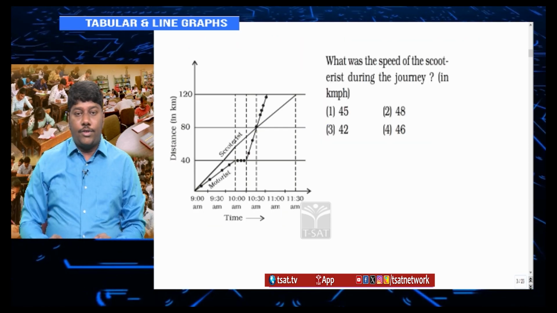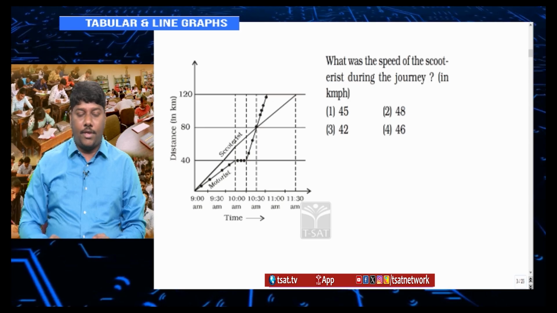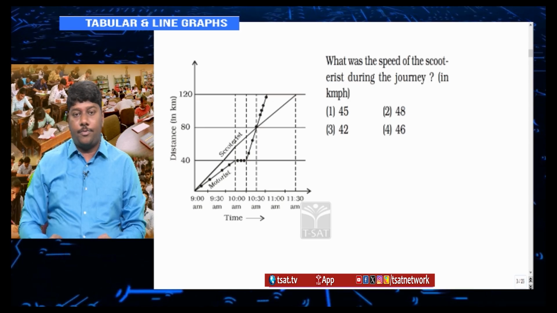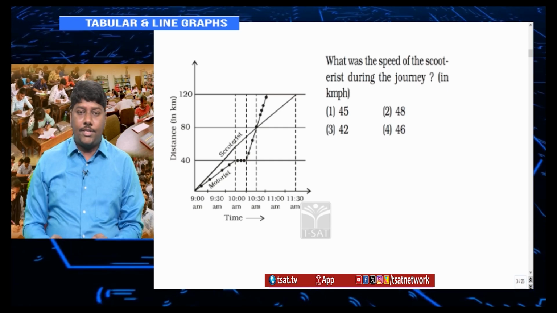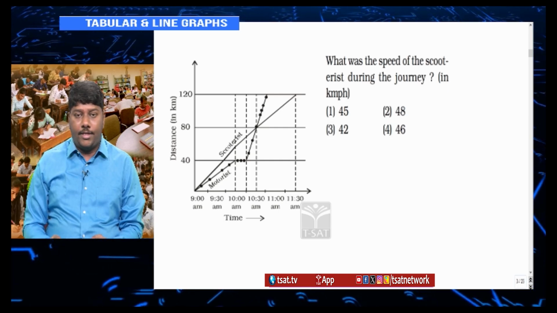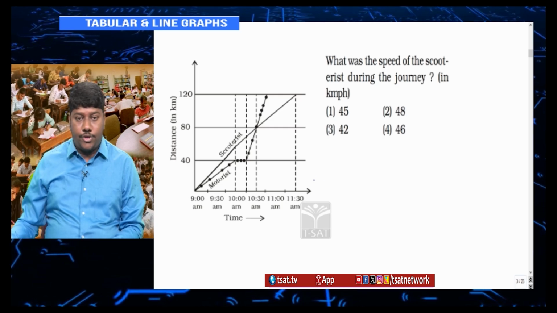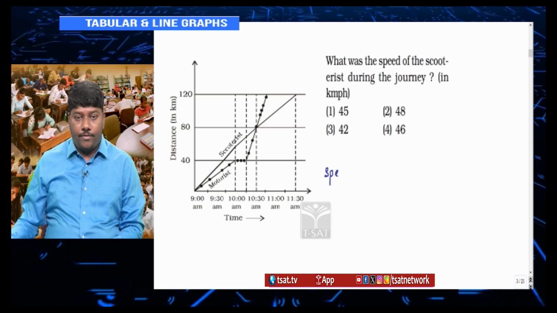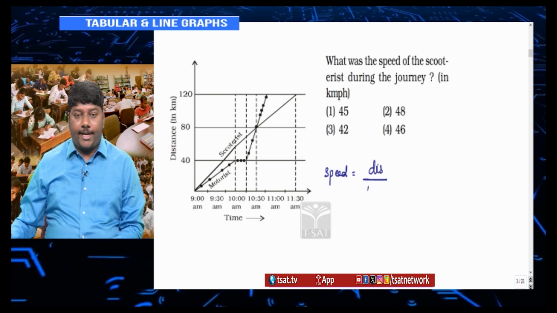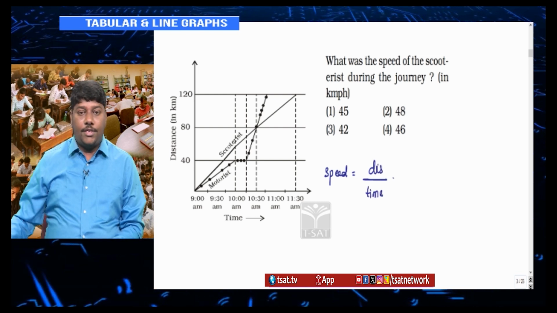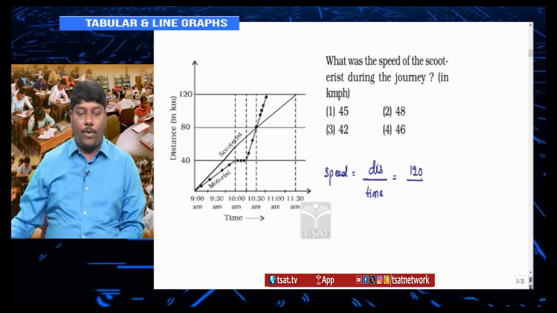What was the speed of the scooterist during the journey? Now he is asking you the speed of the scooterist. What do you mean by speed? Speed is nothing but distance travelled divided by time taken. Now what is the distance travelled by both of them? Clearly it is given that 120 kilometers is travelled by both of them. So when it comes to speed, we write the formula: distance covered by time taken. The distance covered by both of them is 120, but particularly the scooterist is asked, so 120.